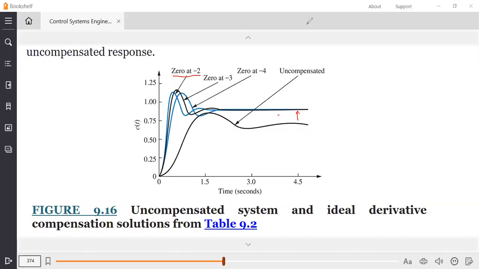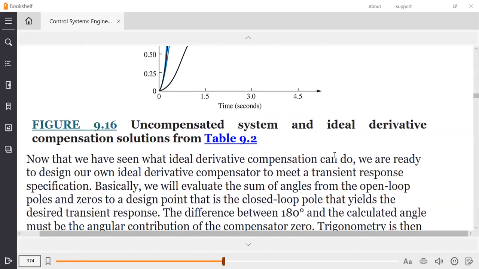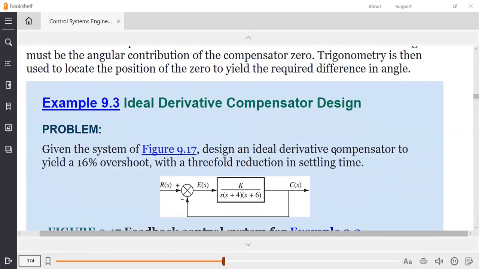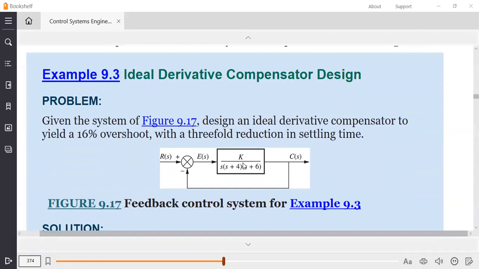So let us not spend more time on analyzing this, rather let us look at the problem. Problem 9.3 says that a block diagram is given, and you have to design an ideal derivative compensator, which is actually a PD controller, to yield a 16% overshoot with a threefold reduction in settling time.